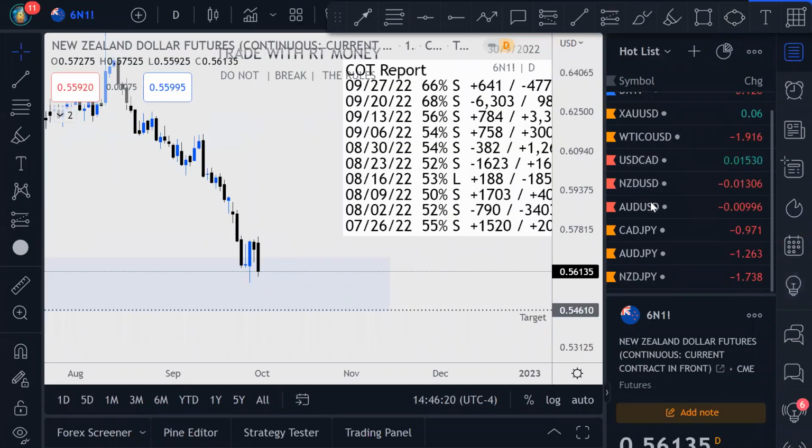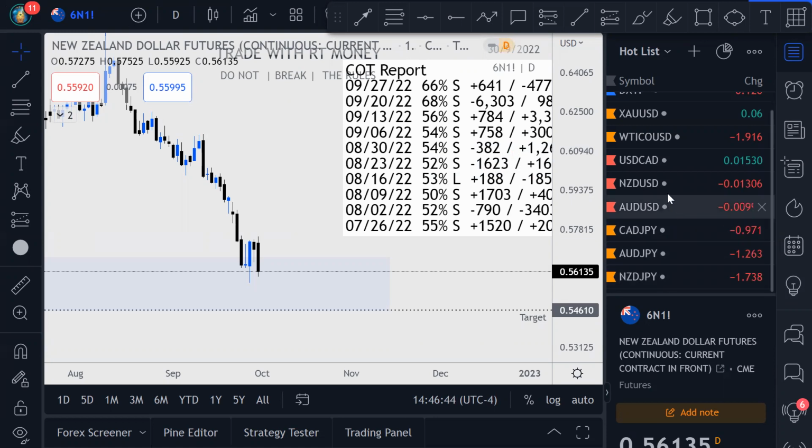I'm looking to put the US dollar against the CAD, the Canadian dollar, and the New Zealand dollar against the US dollar. I want to go long with the US dollar against the CAD, against the New Zealand dollar, against the Aussie dollar.